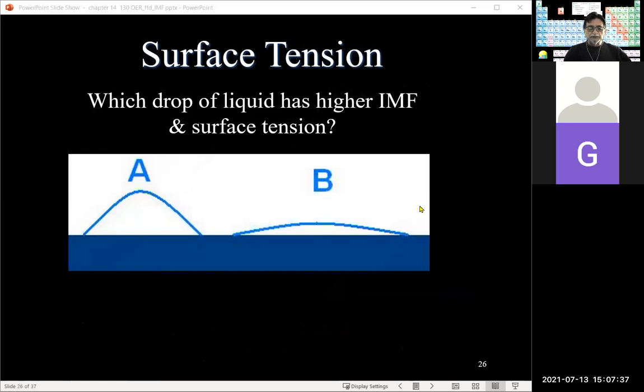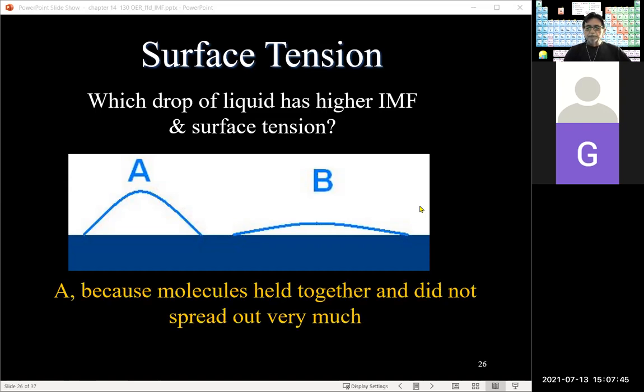But we're just going to think of it in terms of how much it beads up, where you can see here that A beads up much more than B. And A would have the higher IMF, again for the same reason, because its molecules hold on to each other much stronger than B's. Therefore B spreads out, whereas A does not as much.